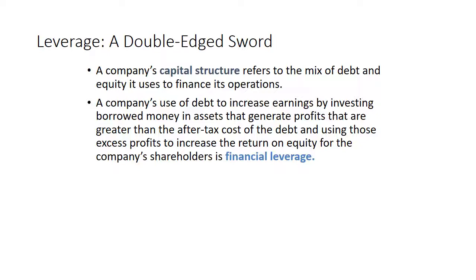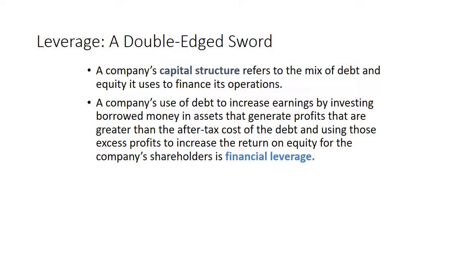So what we're talking about here takes you back to the simple accounting equation of assets equal liabilities plus equity. So assets can only be purchased through the incurrence of liabilities or equity. So what we're saying in the second point is sometimes the company has to use debt to increase earnings to actually operate.